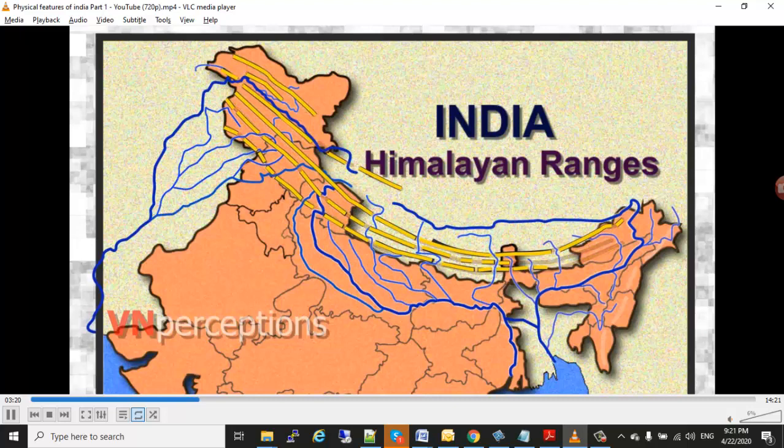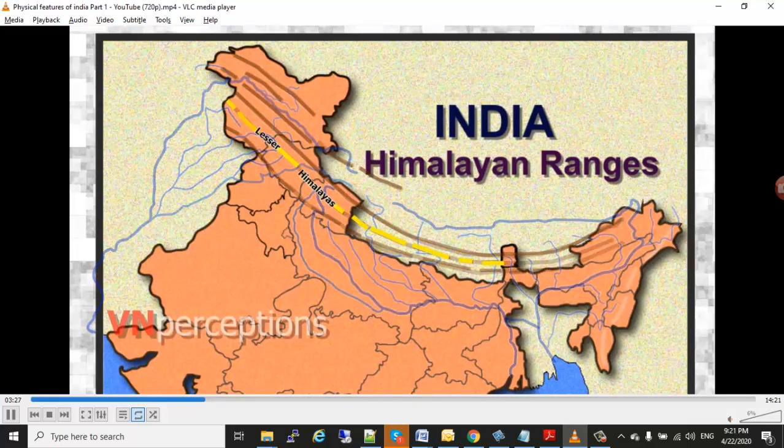Next, we will see the Lesser Himalayas or Himachal Himalayas. The Lesser Himalayas lie to the south of Himadri. The altitude varies between 3,700 to 4,500 meters and the average width is 50 kilometers.